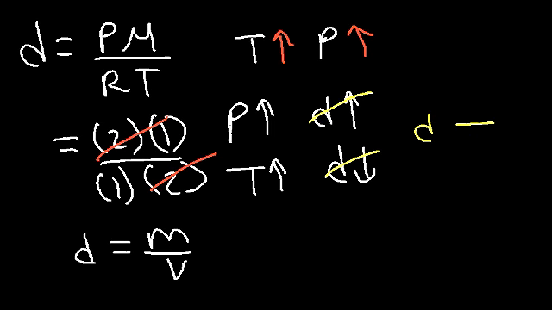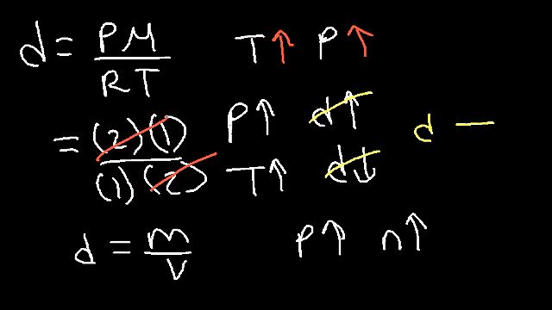So whenever you increase the temperature of a gas, and the container is rigid, meaning that the volume won't change, the pressure is going to go up, and so the density will remain constant. That's the other thing you need to understand. Now, you can increase the pressure by increasing the moles of gas. If you have a rigid container and you add more moles of gas, the pressure will go up.